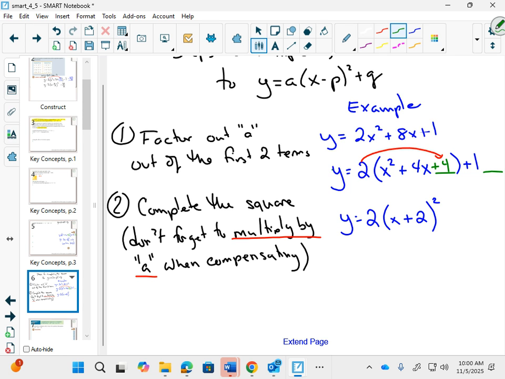What have we actually done by putting a 4 inside the brackets? We've actually added 8 to the right-hand side. So to compensate, I need to subtract 8. And now, minus 1 plus 8, that'll be minus 7 there.